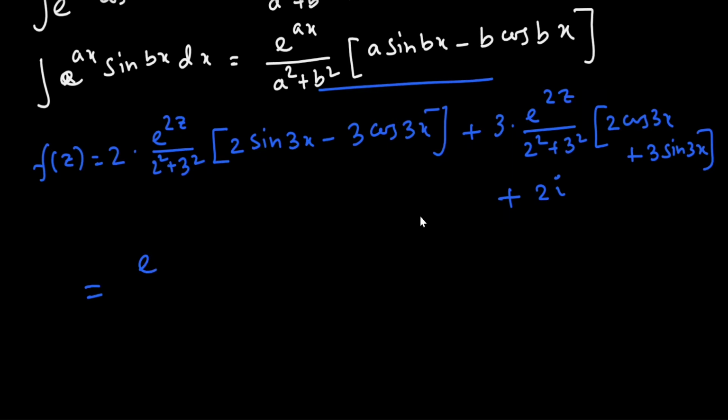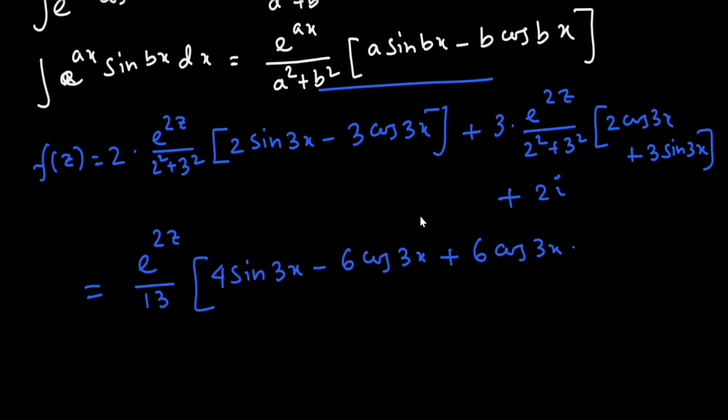Now this is equal to e to the power 2z by 2 square plus 3 square, meaning 13. Also this is common from these two terms, so this is equal to 2 into 4 sin 3z minus 6 cos 3z plus 3 into 6 cos 3z plus 9 sin 3z. So the 6 cos 3z terms cancel.